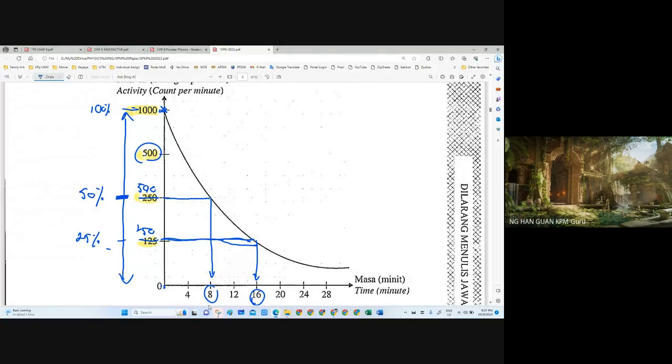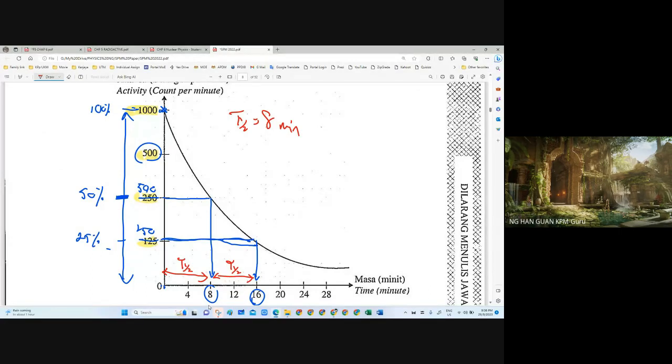So it means that you get a constant half-life. This is one half-life, this is another half-life. So no matter how you do, you will still get the half-life equal to 8 minutes, according to the original correct question.